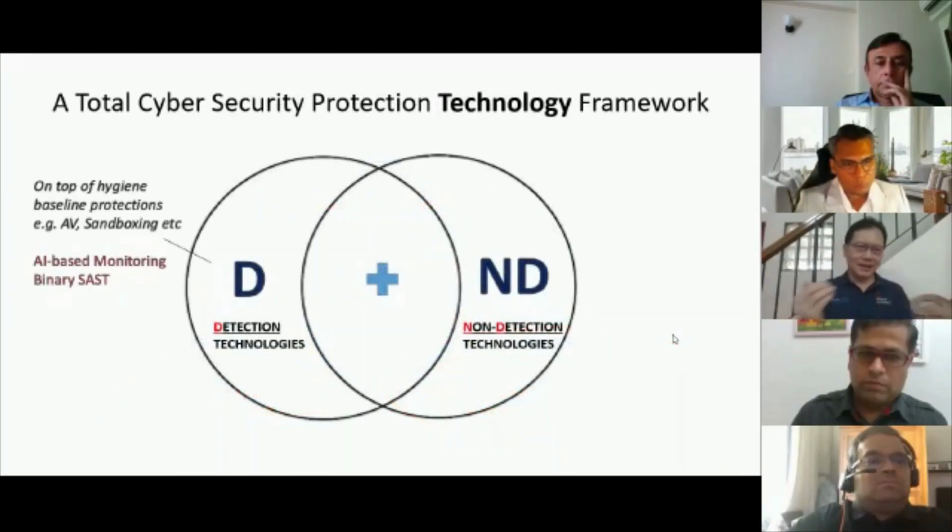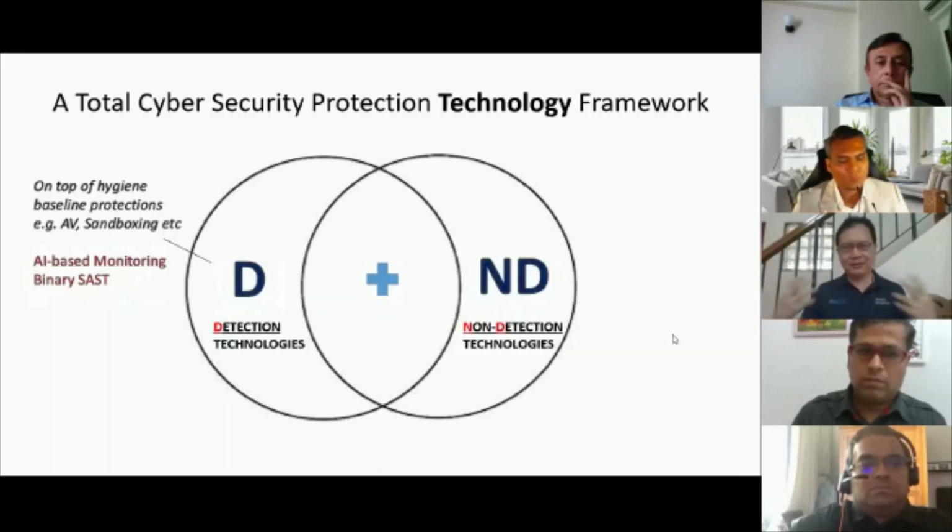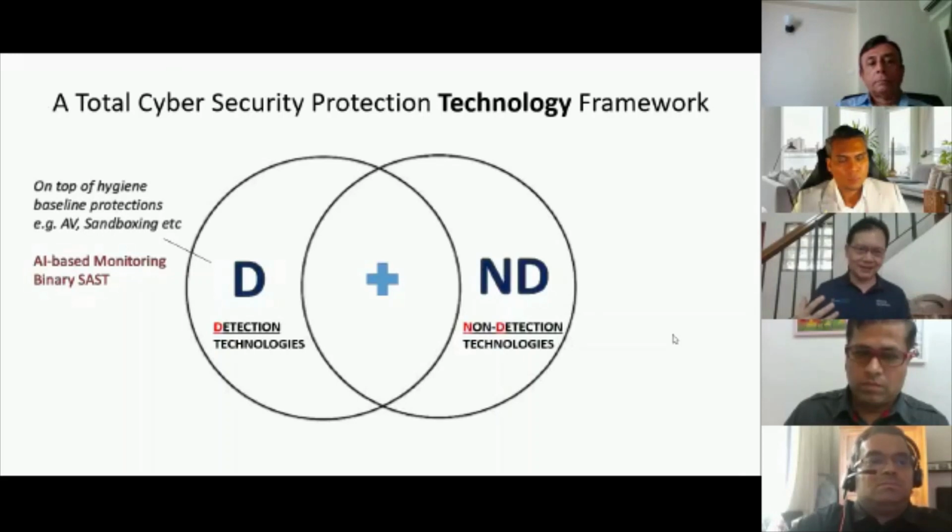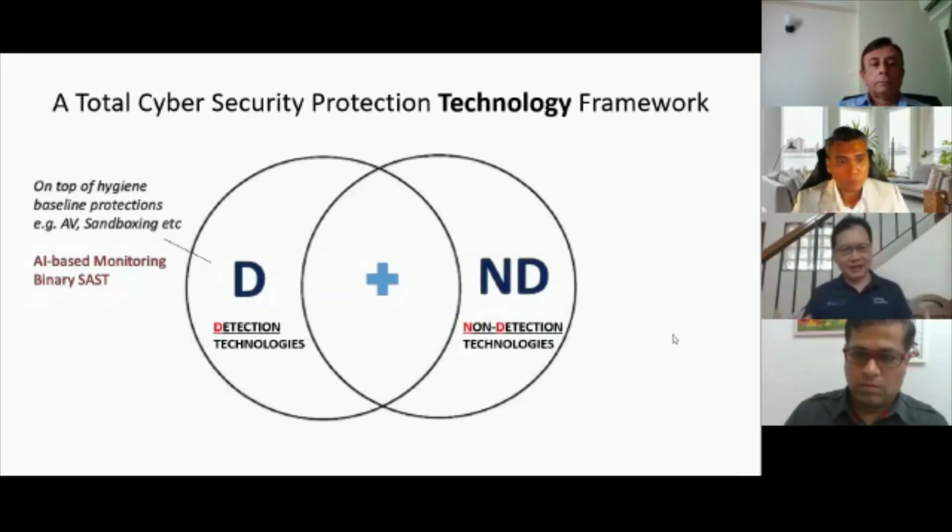So the way we see it, in total cybersecurity protection, our view is that it needs to have a detection paradigm as well as non-detection. Think about it, most of the cybersecurity tools today, I can say more than 90%, are all detection based.